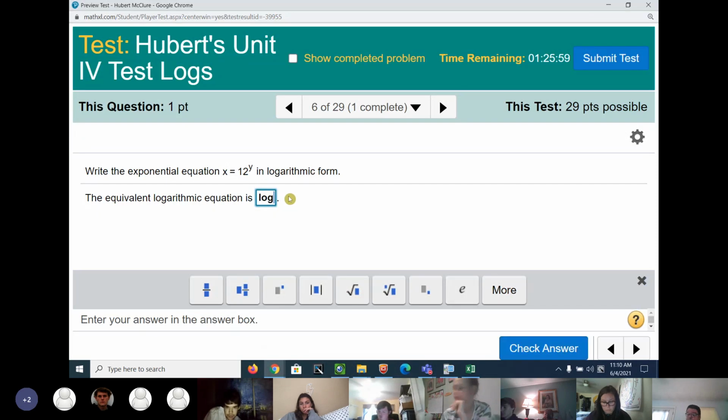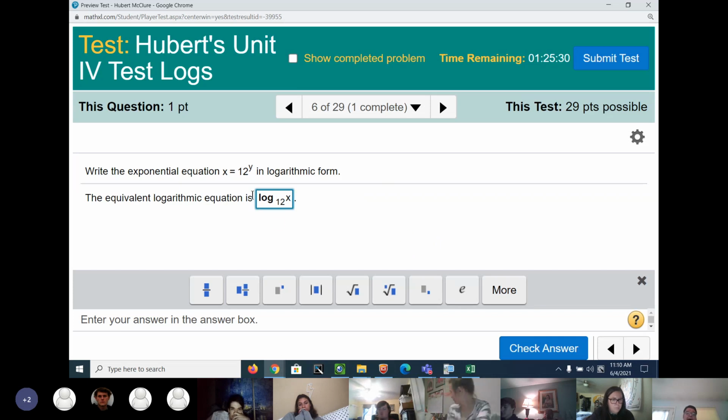Log base 12 of x. You've got to be careful where you put the cursor.